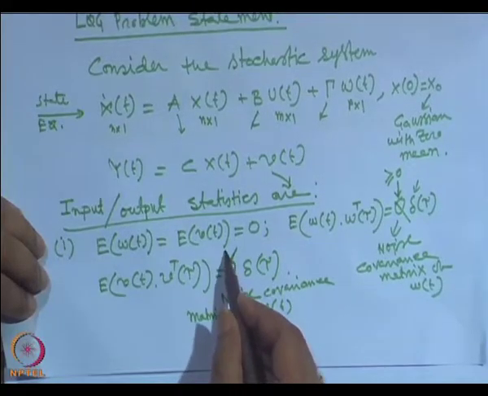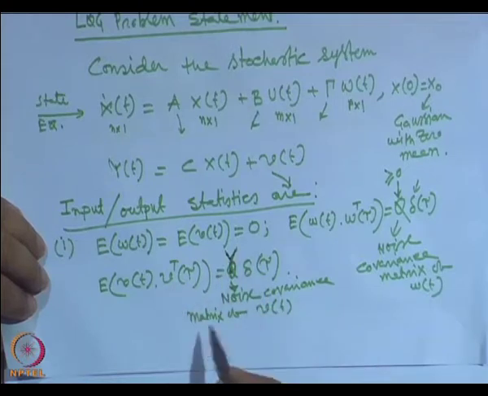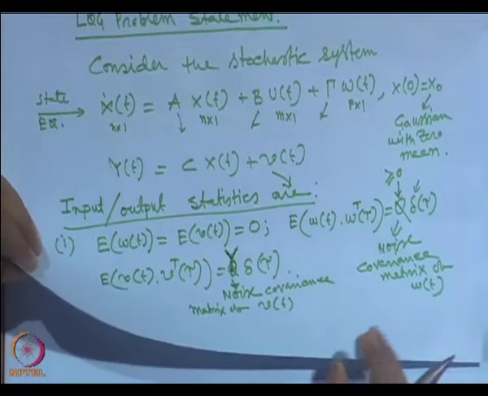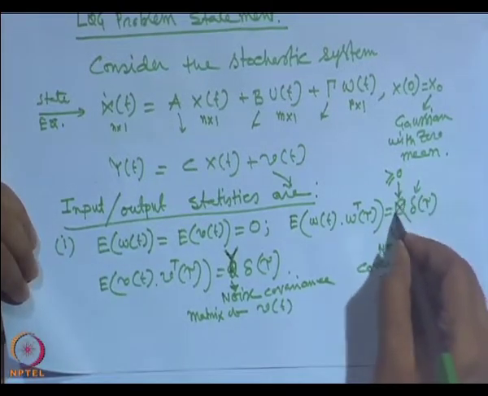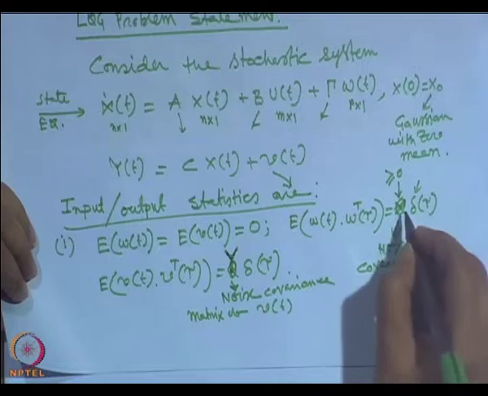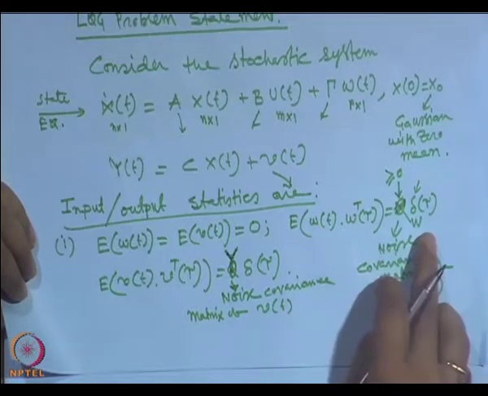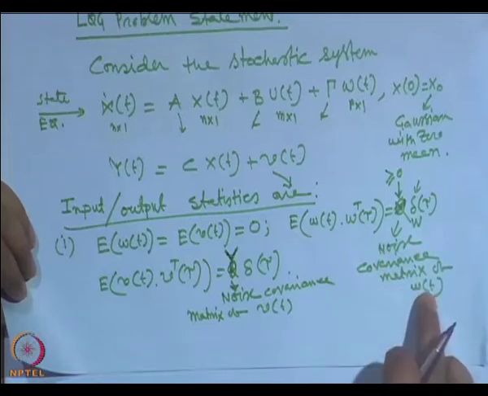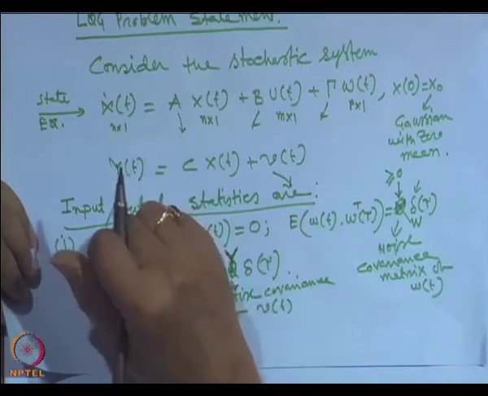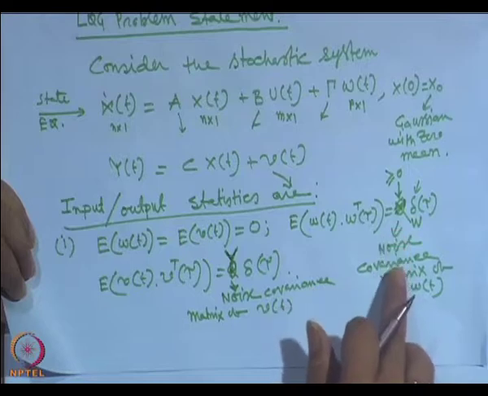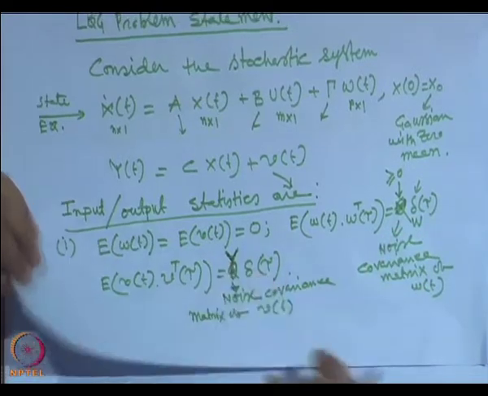So we should not use the same symbol here. The measurement noise covariance matrix is V. We will also not use Q; we will use capital W as the noise covariance matrix of W, because Q was used in the LQR problem as the state weighting matrix. To avoid confusion, we use W and V.